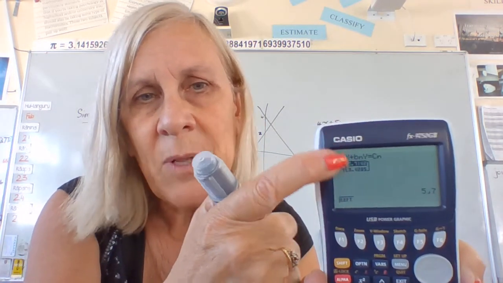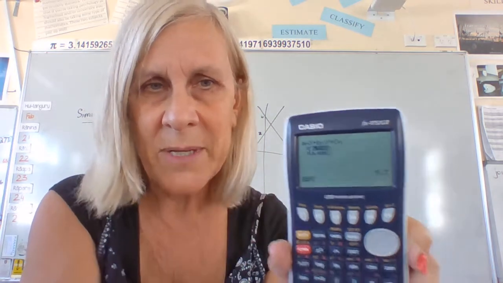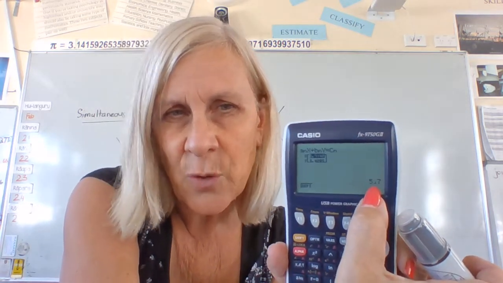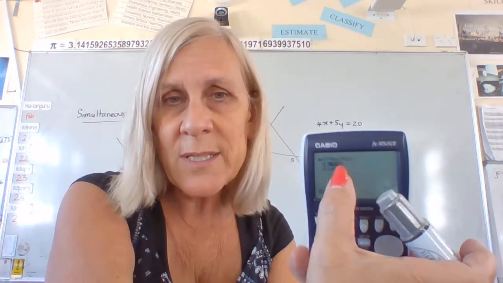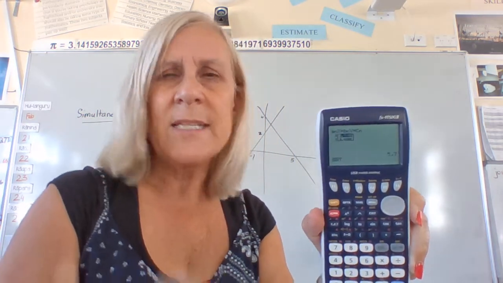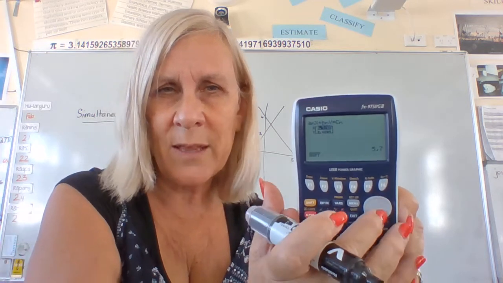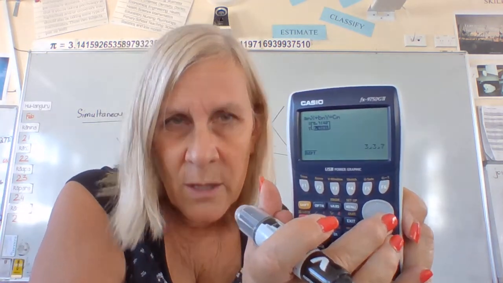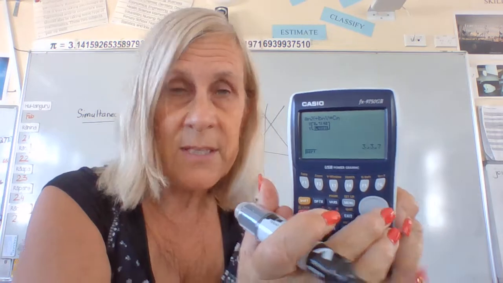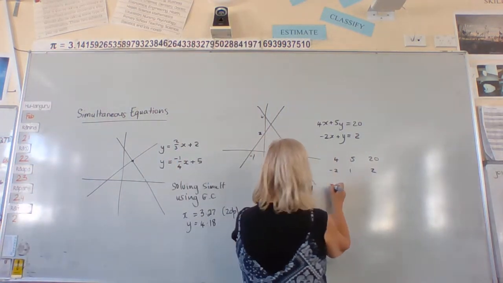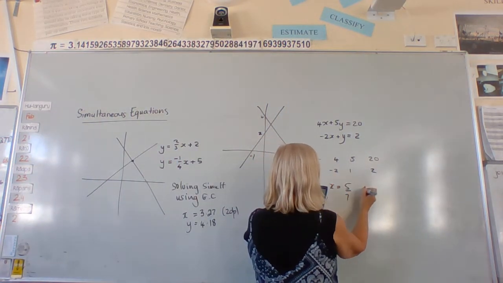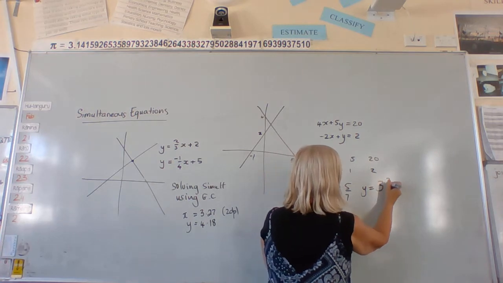Now, you've got a decimal answer up here for x and y, but down here, the actual fractional answer for x is 5/7, and that's a perfect answer, whereas this one is an approximate answer. So it depends, and if we go down, we get the y value one, which is 3 3/7. All right, they're the ones I'm going to write. So x is 5/7 and y is 3 3/7.